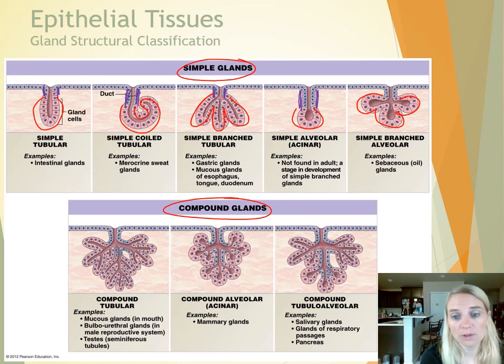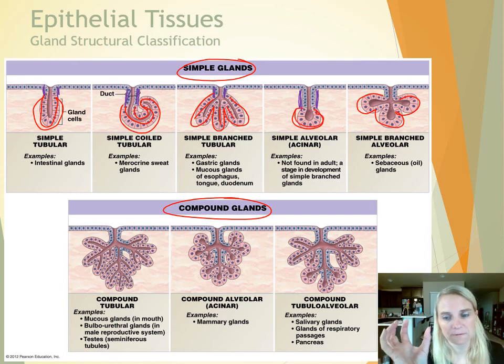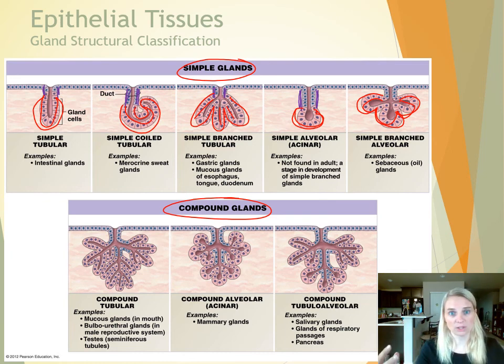So you have simple, all the top row is simple because it's one duct to the surface. We have tube-shaped secretory cells, coiled tubes, branched tubes, alveolar, which means like a sphere, and branched alveolar. So we got tubes and spheres. And then sometimes they're coiled, sometimes they're branched.